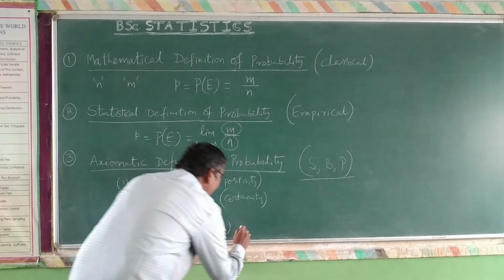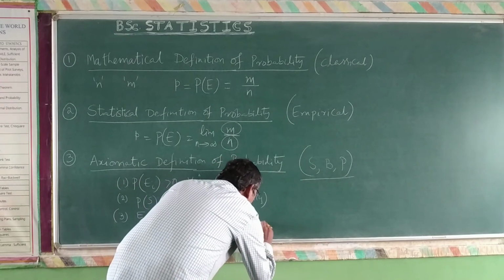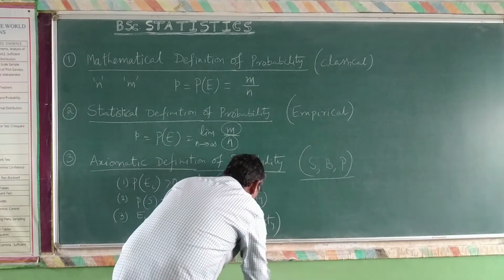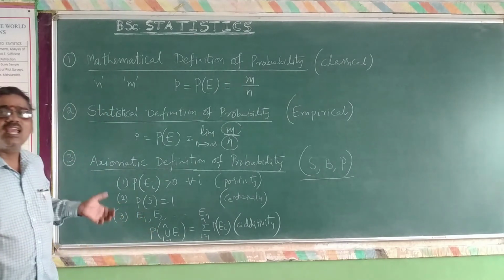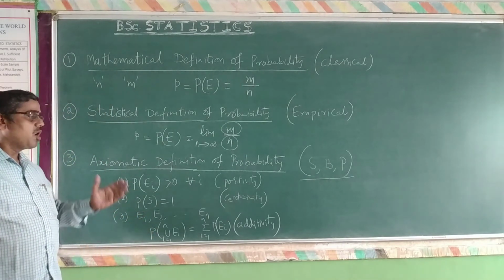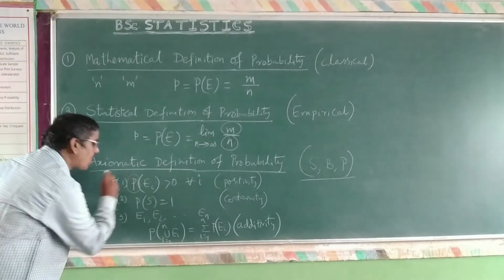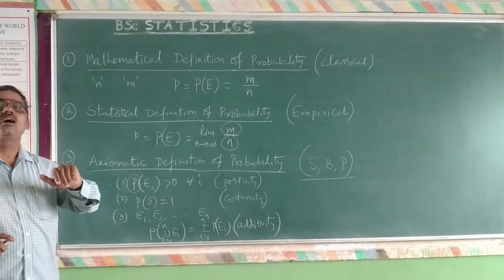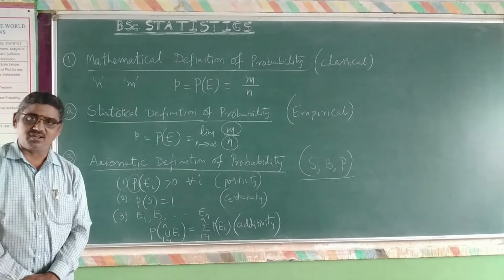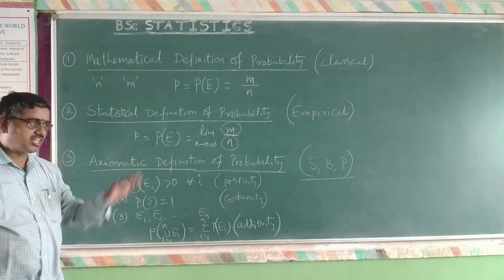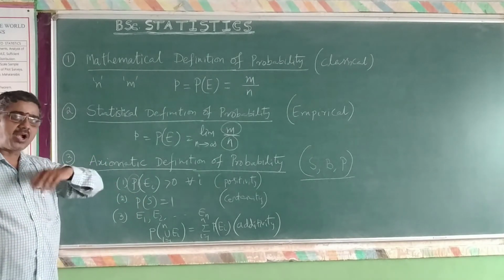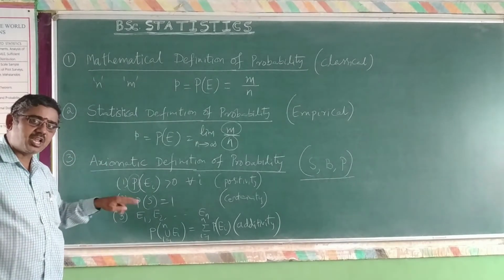This is called additivity. So these are the three axioms, and this P is called a probability measure.